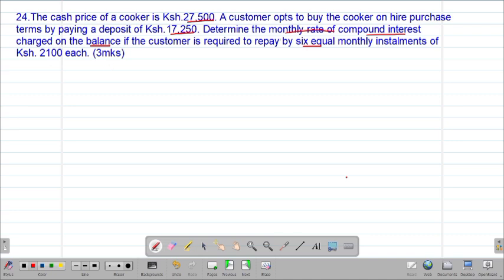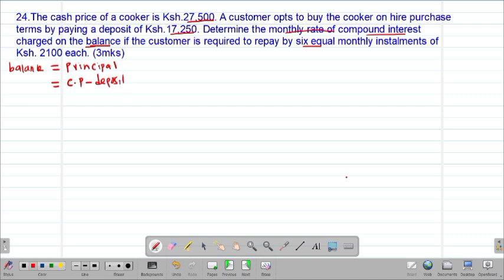So the first thing we're going to do is to get the balance. Remember, the balance is basically what we are calling the principal. Of course, we know that the principal will always be given by the difference between the cash price and the deposit.